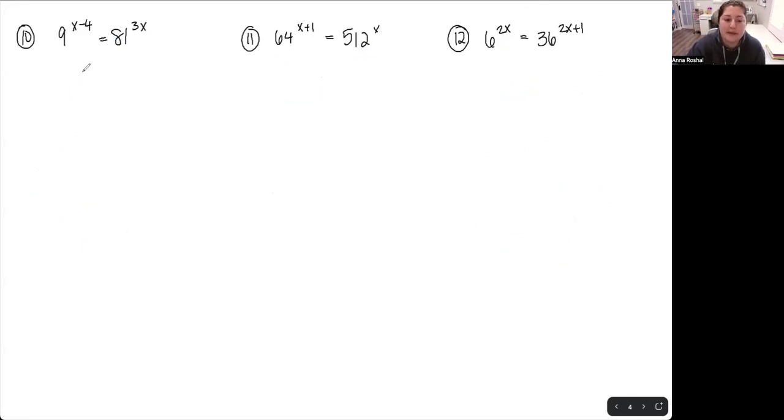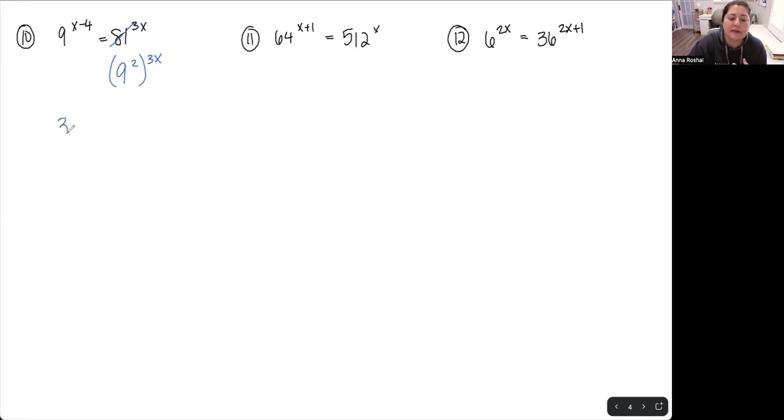I do want to say one thing, that when you have a problem like this, you could just go in and change this as 9 to the second, right, to the 3x. I have seen in some cases, and I don't know that it's an absolute necessity, but to change both of them, to make it in the most basic base, the smallest base, I guess, if you will.